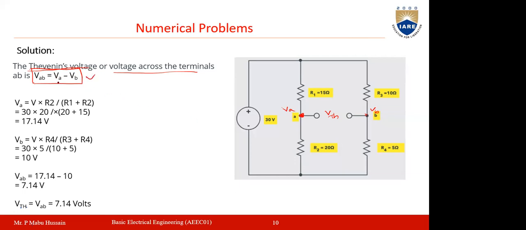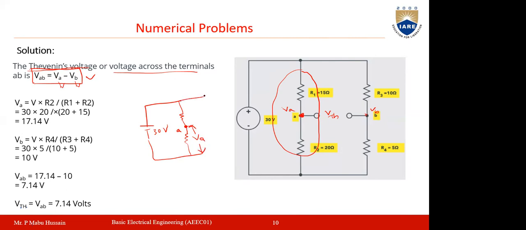Now you need to find what VA is and what VB is. If you see here, this is entirely one element connected across the 30 volt voltage source. Between the 30 volt terminal, you have two resistances connected in series, and the voltage across this point will be VA.